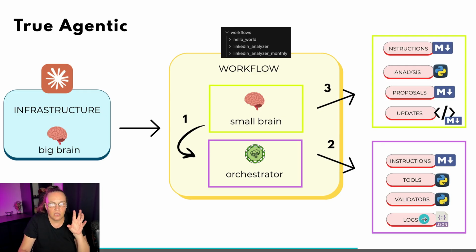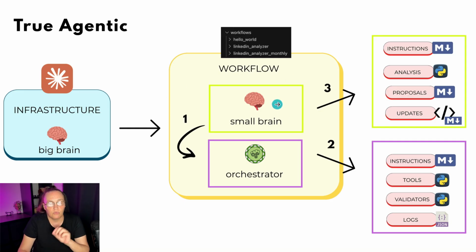That becomes the library. After a few runs, that could be 5 runs, 10 runs, 15 runs, 50 runs, it doesn't matter. That's entirely up to you how you want it set up. The small brain reads the instructions and goes to this library of logs, analyzes every single log, and starts looking for patterns.